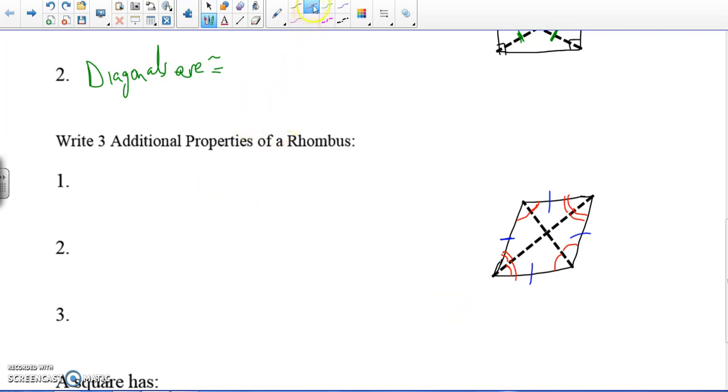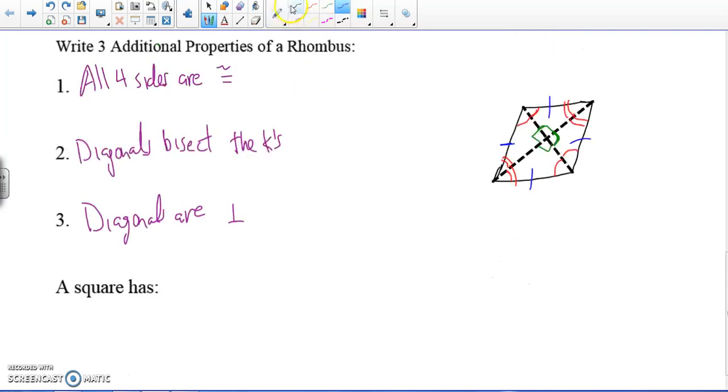But they do bisect the angles. And the other special thing is that the diagonals are perpendicular. So all of these angles here in the middle are all 90s. So there are our special rules about a rhombus. So I'll pause now. You can write those down. Okay, so there are our rhombus rules.